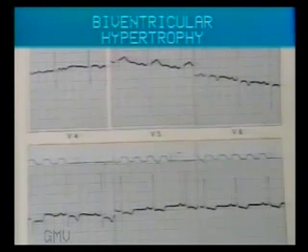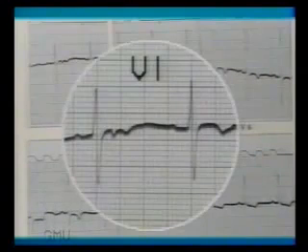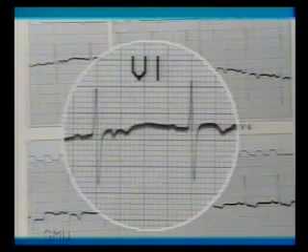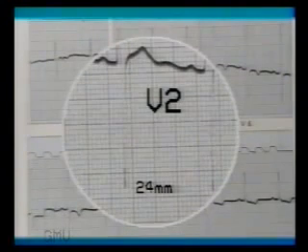Note the tall R waves in V1 of right ventricular hypertrophy, and also note the deep S wave in V1 and V2 with tall R waves in V5 and V6 of left ventricular hypertrophy, and the strain pattern in V5 and V6. RV1 is 10 millimeters, so right ventricular hypertrophy is present.